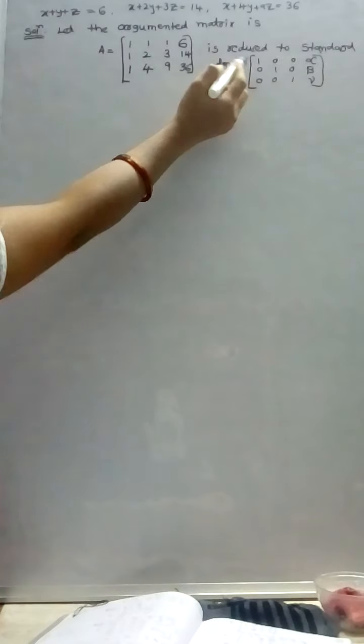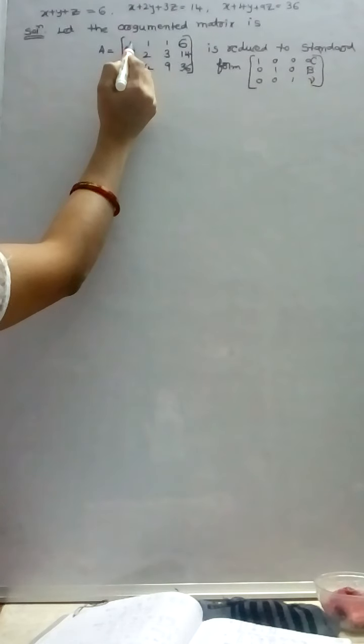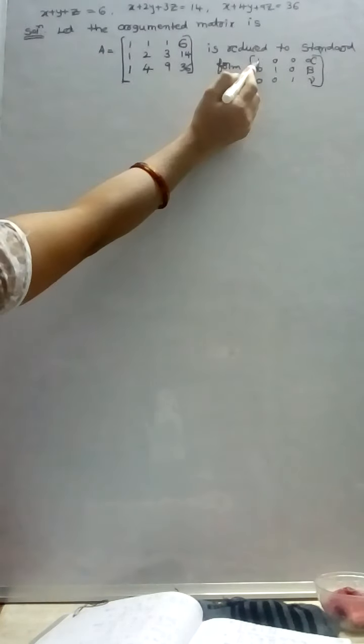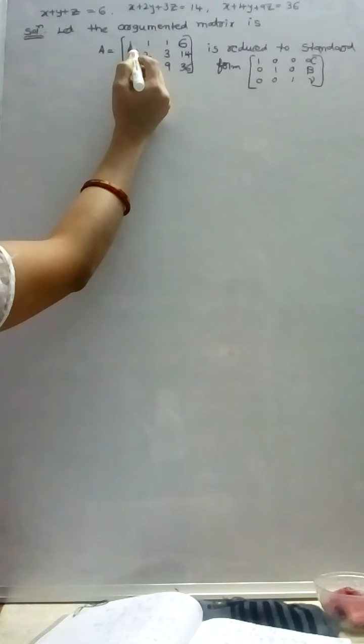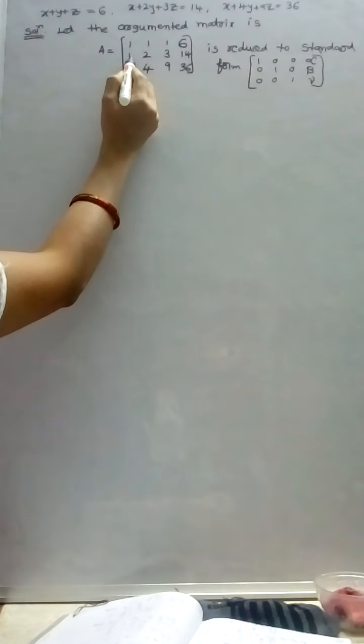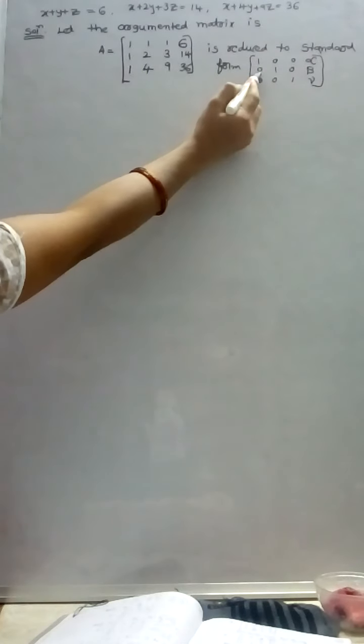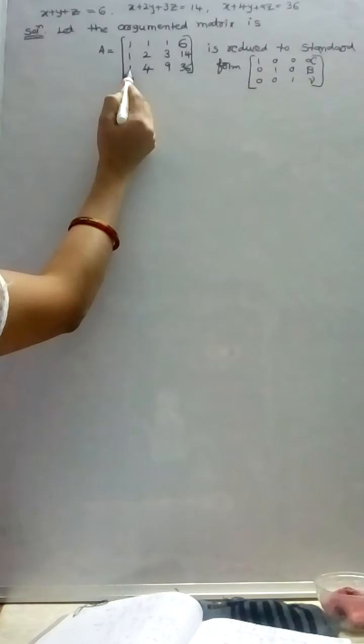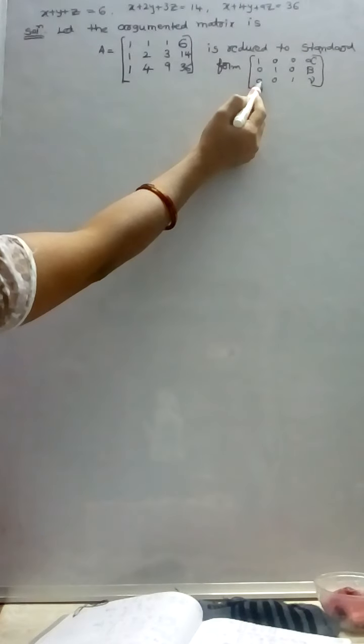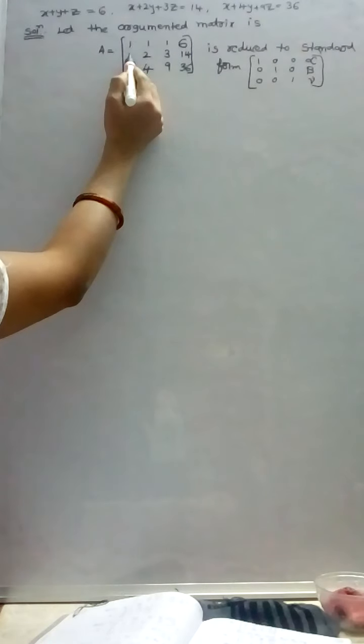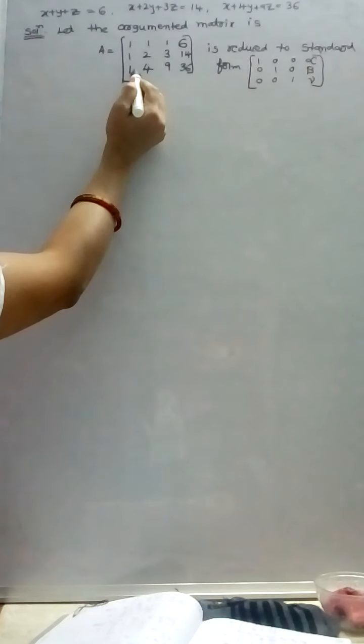For that, first we observe the first row, first element is equal to 1, so we don't change it. Now we take the second row first element, which is equal to 0, and the third row first element is also to be made 0.